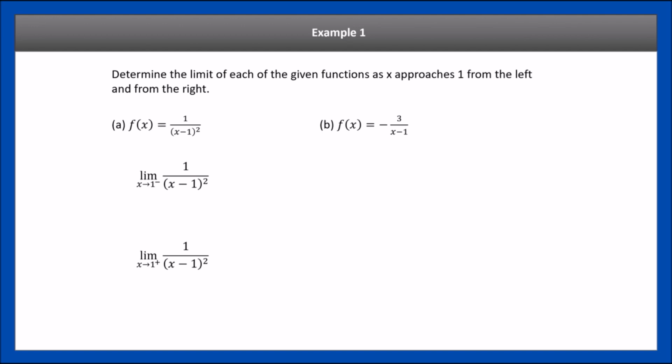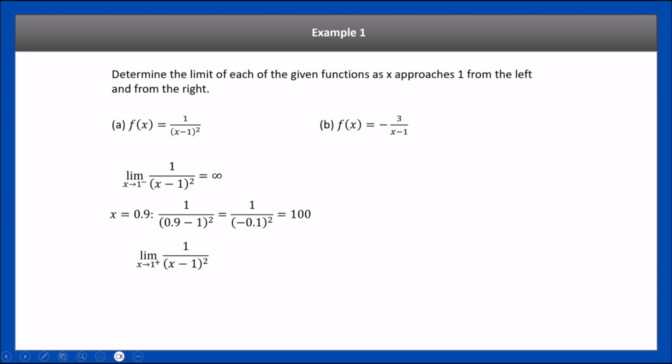If we plug in a number just to the left of 1, such as 0.9, we get a value of 100. If we also plug in x equals 0, which is also to the left of 1, we get 1 over negative 1 squared, which is 1. So as we go from 0 to 0.9 to 1, the function is getting bigger, right? From 1 to 100 and so on. And so the function is approaching positive infinity.